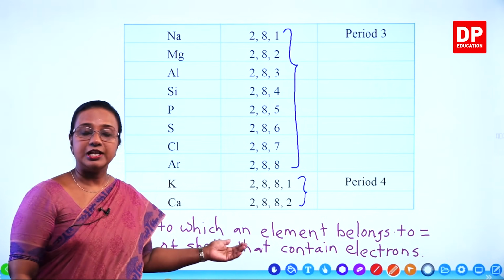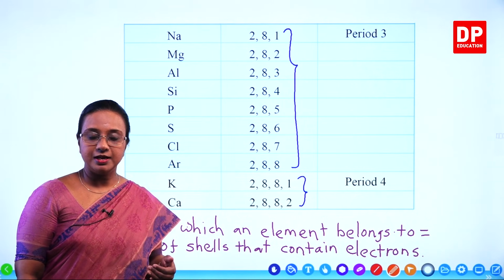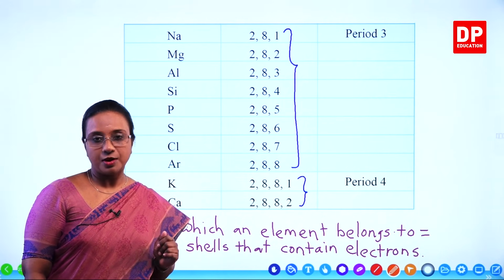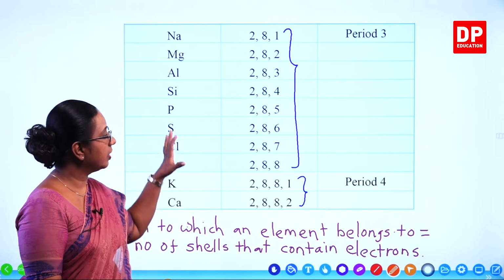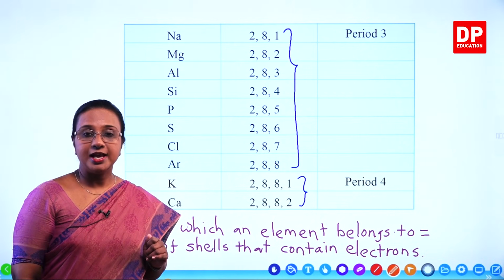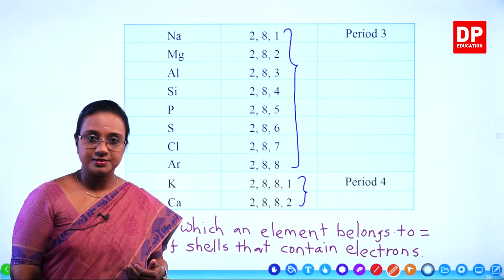That is the relationship between the period number and the number of shells. And that is how we arrange elements into periods.